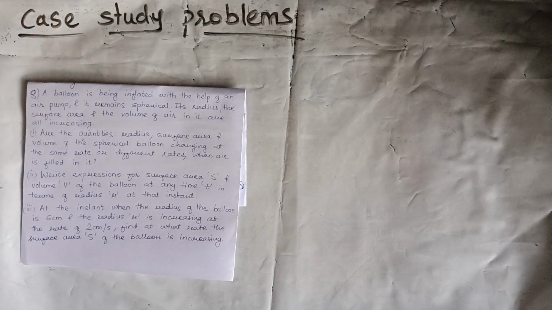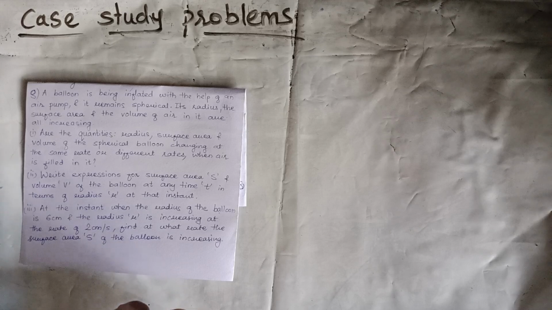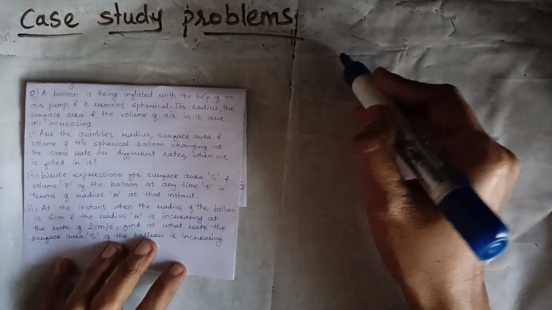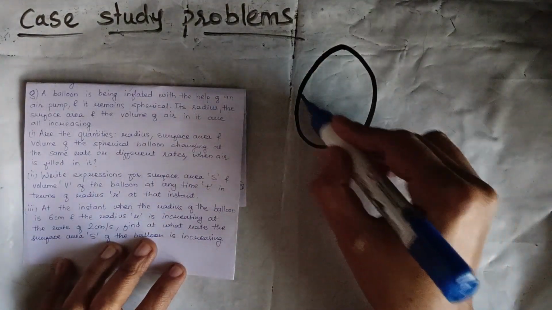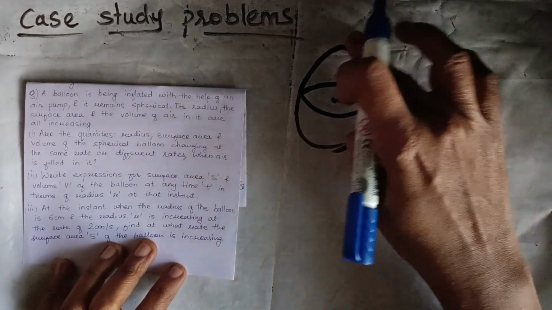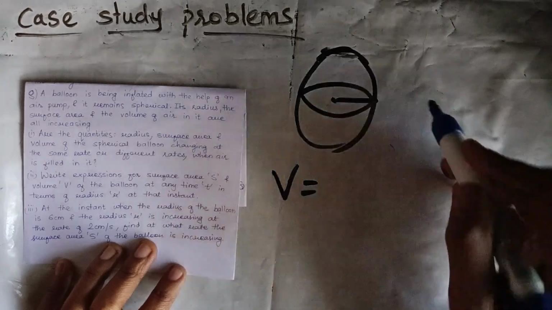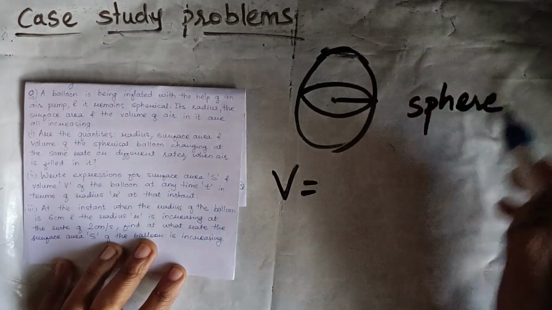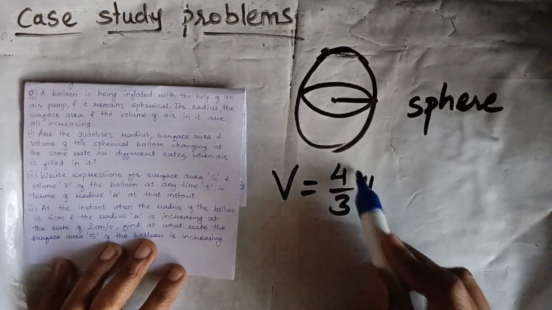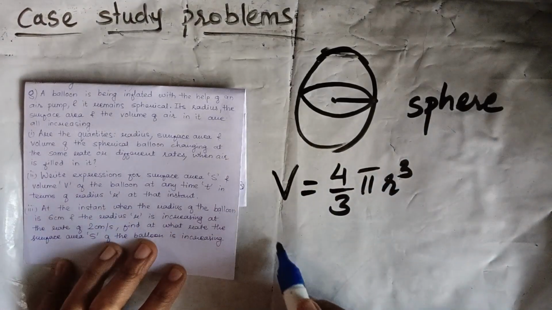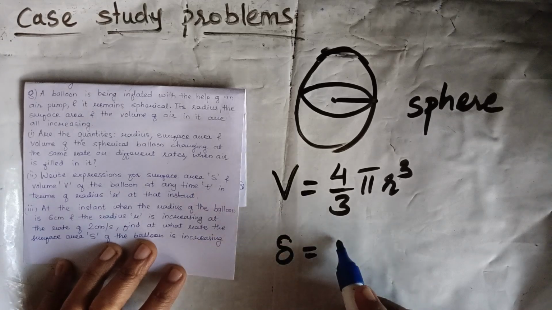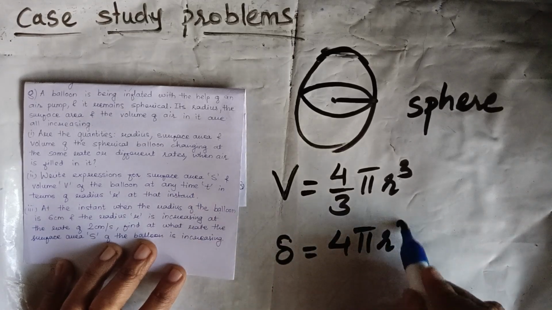Okay, so first we'll write, now whenever the balloon is inflated, its volume is changing, right? And also the surface area is changing. This is our sphere, right? So the volume of the sphere is given by 4 by 3 pi r cube, and its surface area A is given by 4 pi r square.